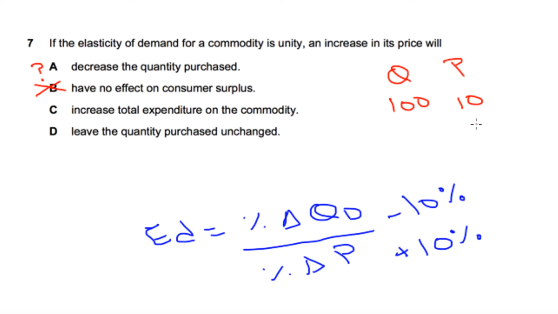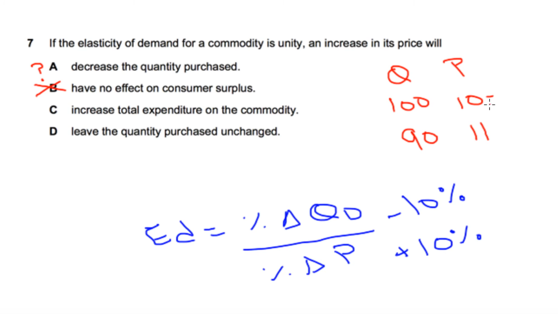Let's say the price increases by 10%, which means that the price now is 11, right? Since the price increases, the quantity has now got to fall. So the quantity, let's say, falls also by 10%, because remember we said here that the quantity has to fall if there's an increase in price. So the quantity falls also by 10%, and let's say this is 90 because 10% less than 100 is 90.